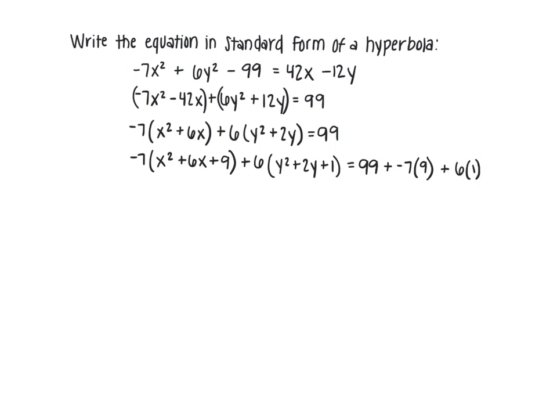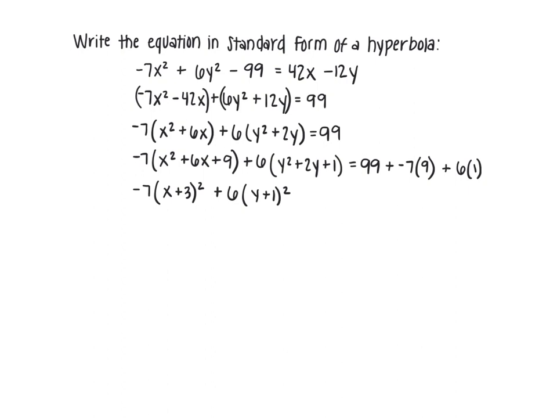So now I'm simply just going to factor the left side of the equation and clean up the right-hand side. I have -7, and this is going to factor into x plus 3 squared, plus 6, and this is going to factor into y plus 1 squared, and this is all equal to 42.